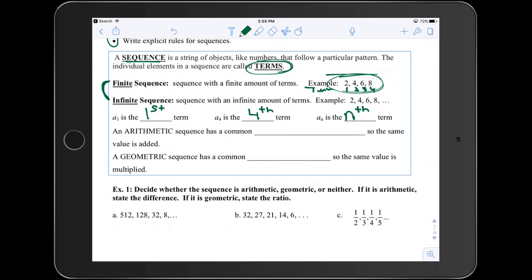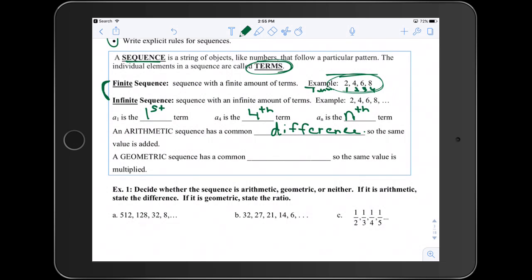I had mentioned up in the objectives, we're going to first really know the difference between an arithmetic and a geometric sequence. An arithmetic sequence is a sequence that goes up by a common value. A lot of people think of sum, or what is being added each time, but specifically in arithmetic sequences, we call that the difference, or the D value.